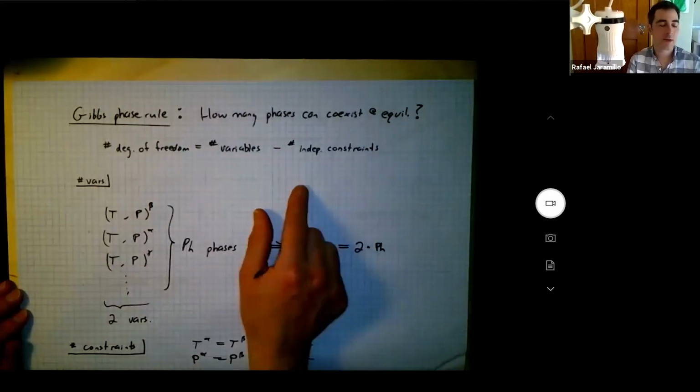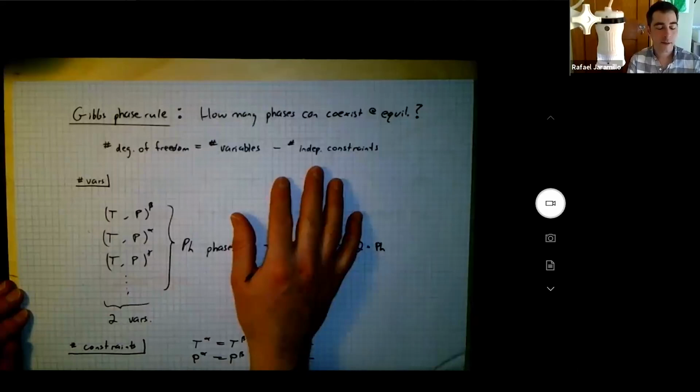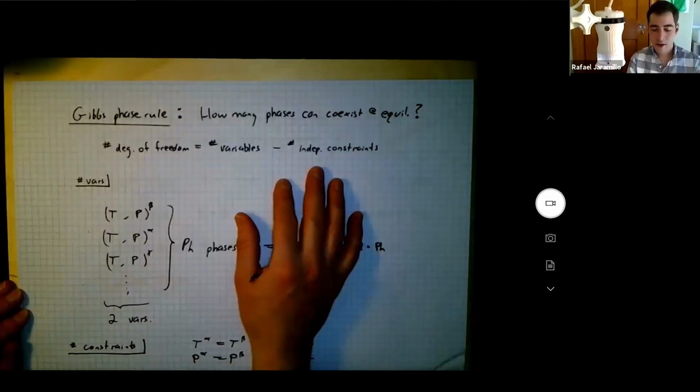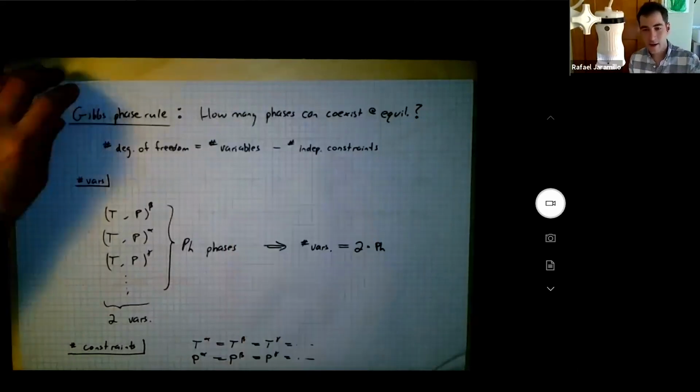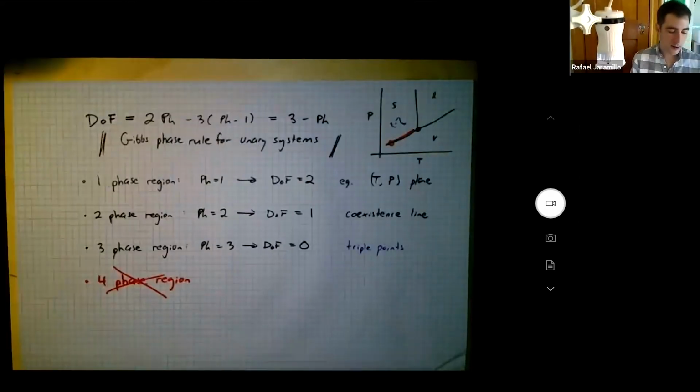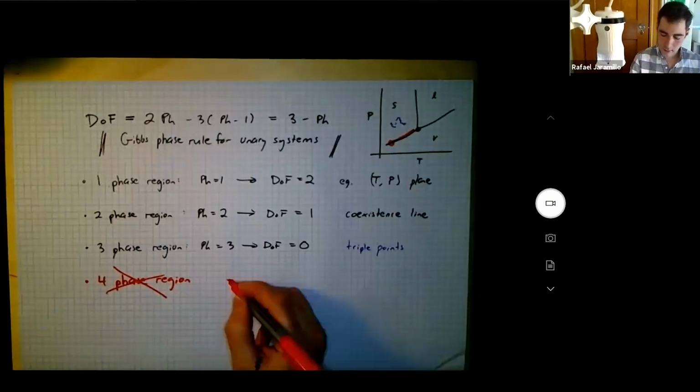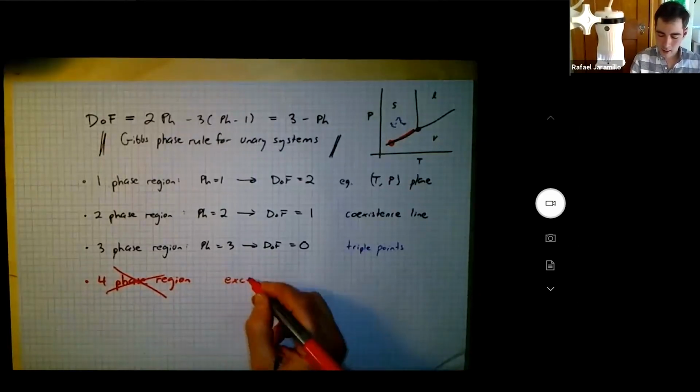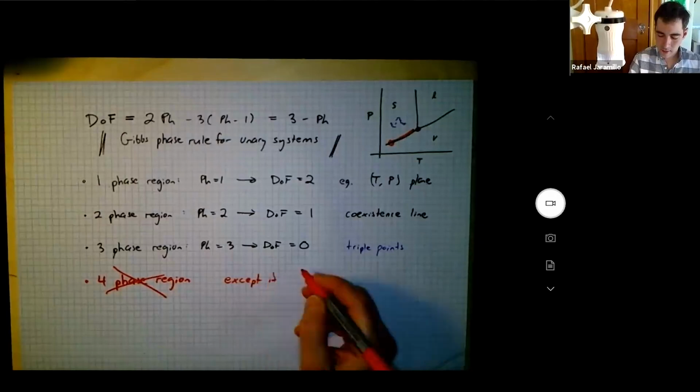And that's what happens when you add multiple components to a system. So we're going to revisit Gibbs phase rule when we do multi-component systems.